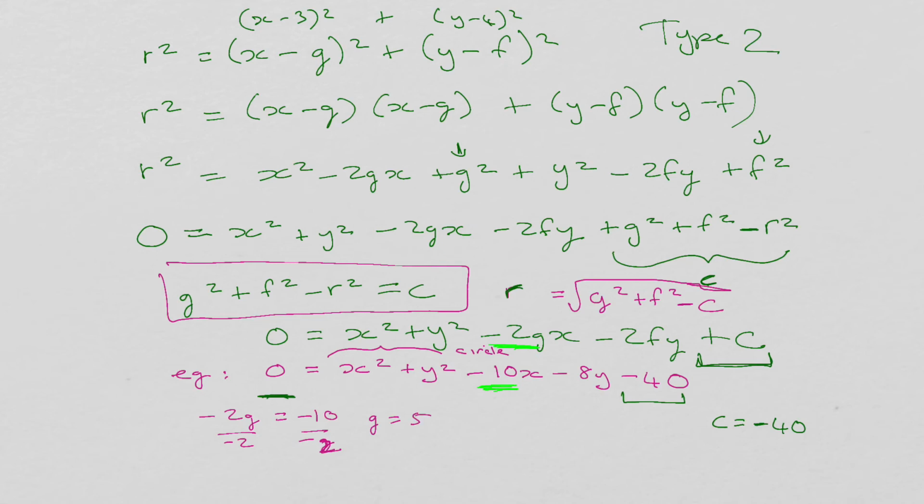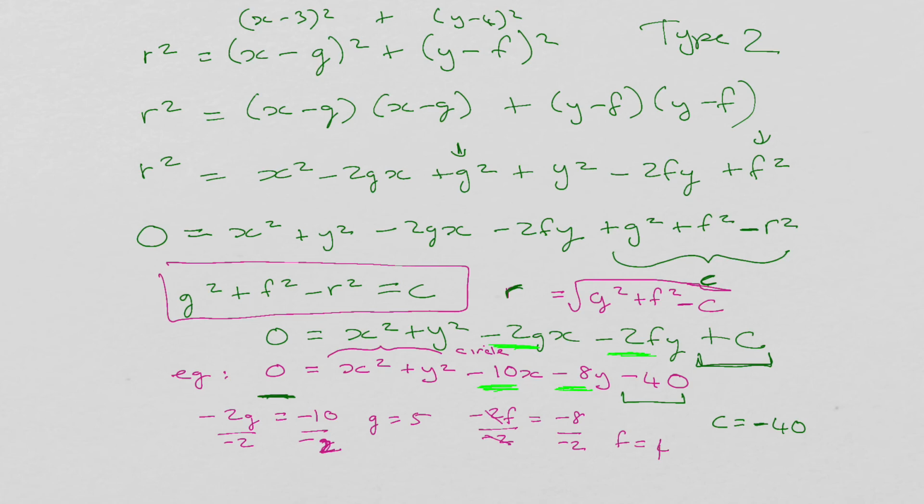So now you have the x coordinate of the center. Same thing for the y coordinate. You're going to look and see what's in front of y. It says minus 2f, and that's minus 8. So minus 2f is equal to minus 8. Divide that one by minus 2 and that one by minus 2, and f is going to equal 4.